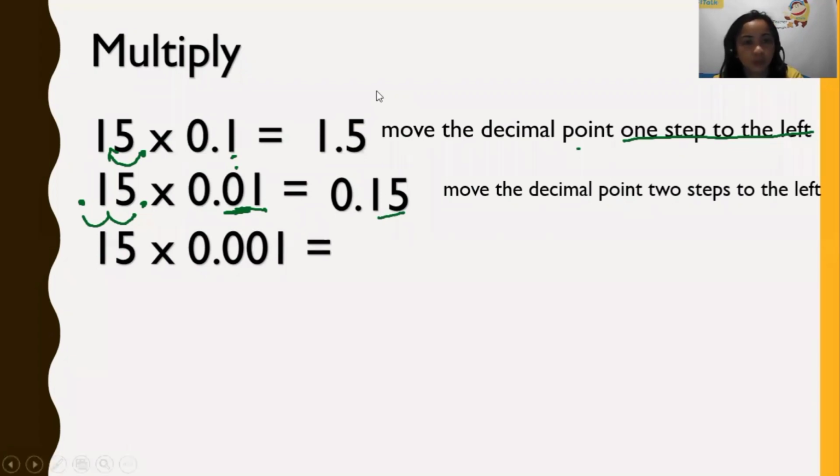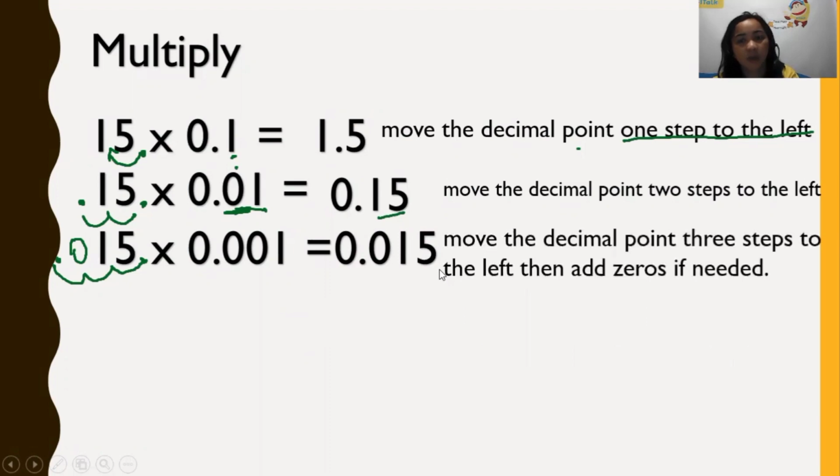So kapag 1,000ths yan, nandito decimal point, 3 beses or 3 places ang move mo. 1, 2, 3. Ayun ang decimal point, may bakanting isang place value here. So the answer is 0.015 or 15,000ths. Move the decimal point 3 steps to the left and then add 0 if needed.